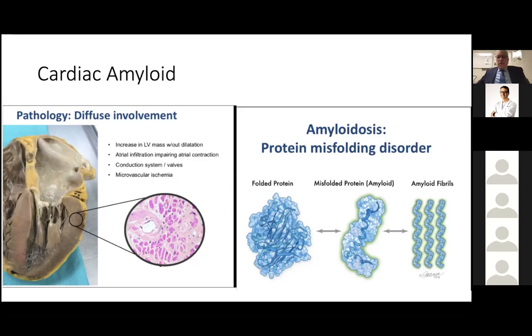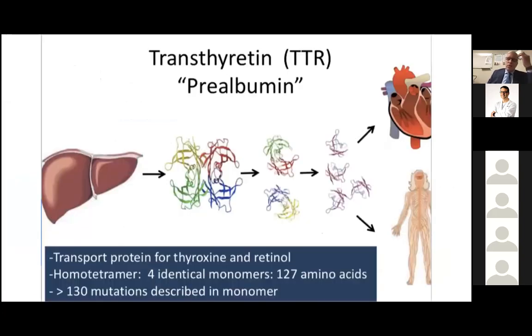So amyloid is a protein that becomes misfolded, and you get these fibrils that are deposited in various organs. Now we're talking about transthyretin today. So what does that mean? It used to be called prealbumin. So it's synthesized in the liver. It's a protein that transports thyroxine and retinol. So it's a homotetramer, so it's 4 proteins that are combined, and that's stable.